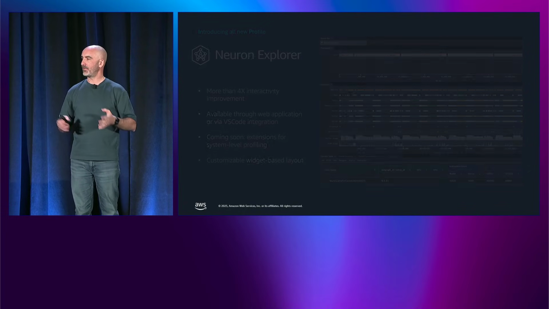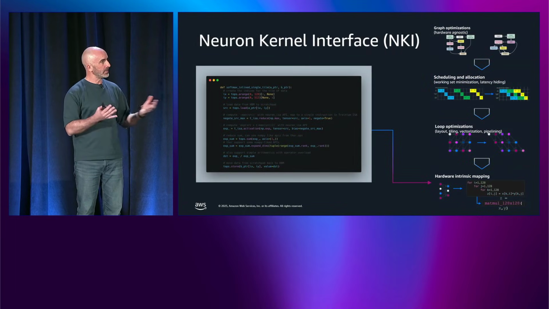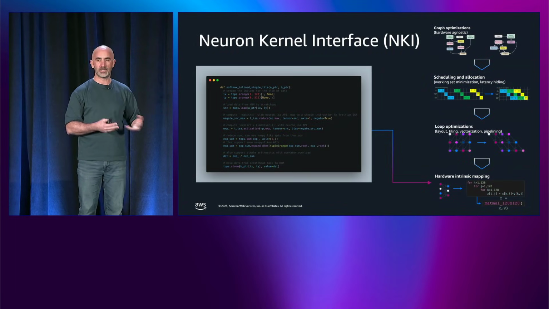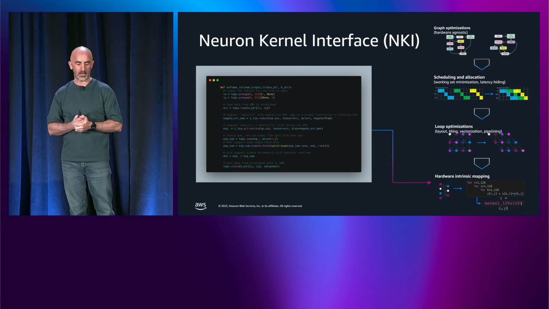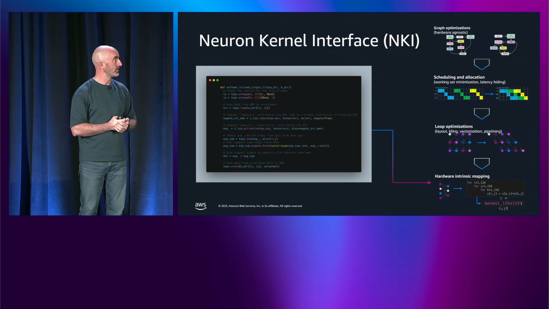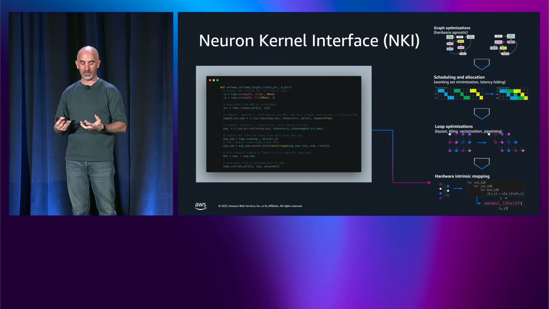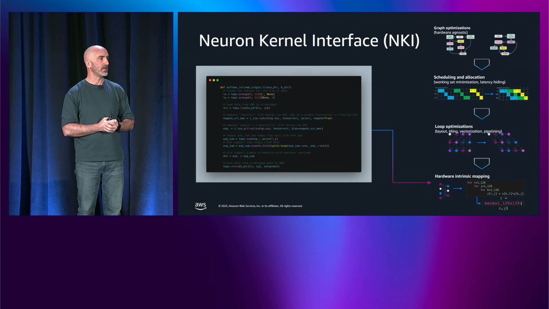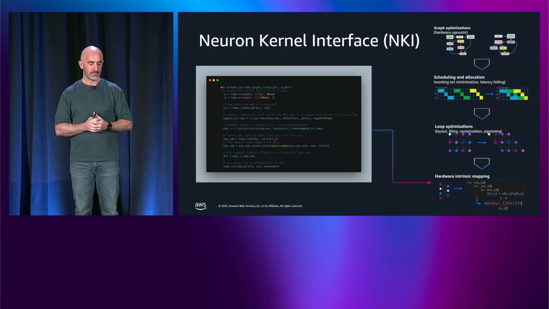So let's say we've found a bottleneck in our code. Well, what can you do about it? How can you actually improve the utilization of your AI chip? This is where our kernel interface comes in. It's called Neuron Kernel Interface, or NKI for short. Essentially, this provides you full control and programmability of our AI chips.